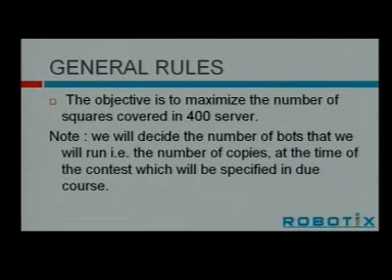The objective that you have to achieve is maximizing the number of squares that I talked about. The more squares you cover, the more efficient your program is. We will decide how many bots you have to run, how many copies we are running, just before the event, and we will be specifying it in due course, whether we are running 100 copies or 50 copies or 125 copies, that we will tell you in due course.